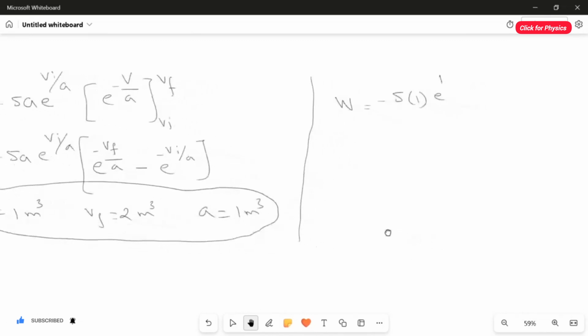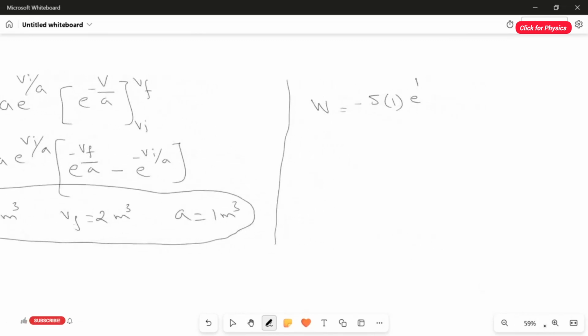Then inside the bracket, if you substitute, what you will get? E power minus 2 over 1 is minus 2, and then e power minus 1 over 1, which is e power minus 1.